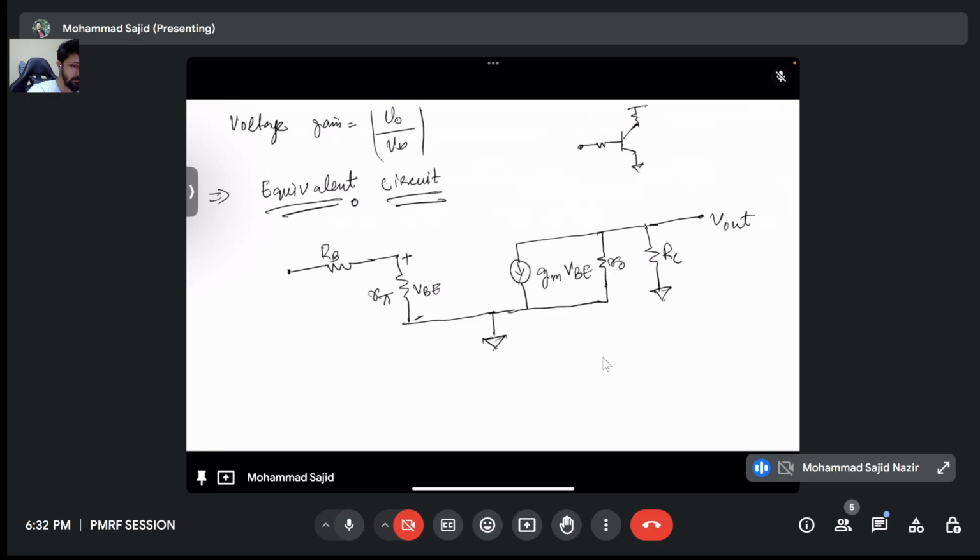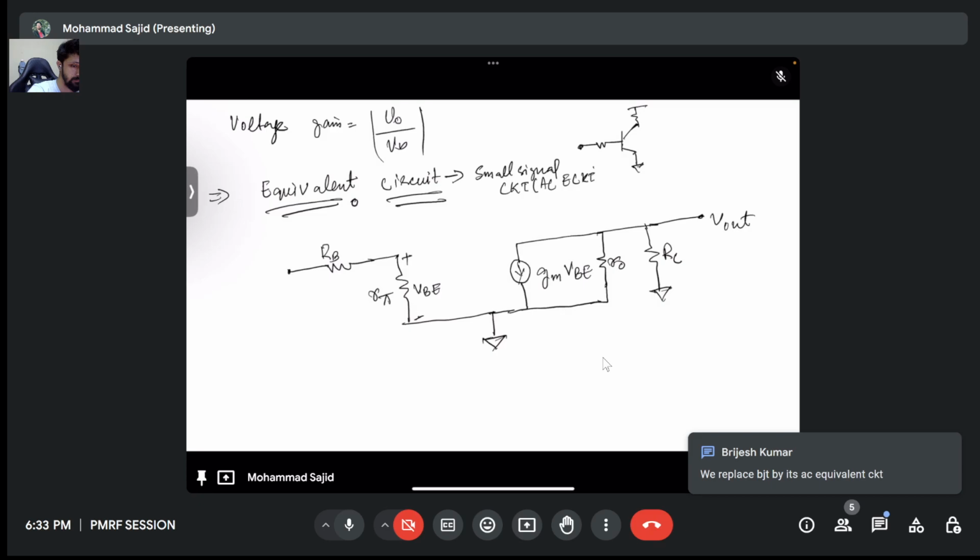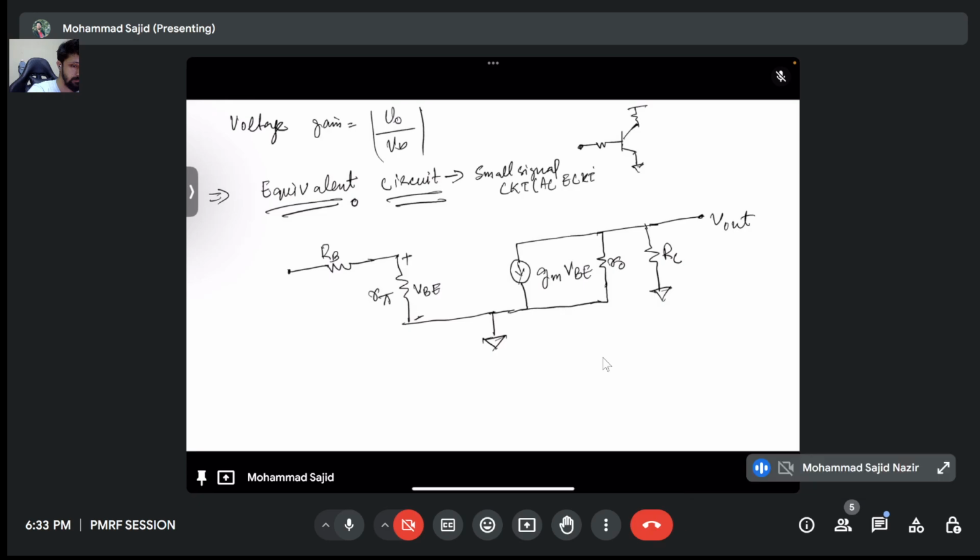What you have to do is draw the equivalent circuit, or small signal circuit, or AC equivalent circuit. What you have to do is short the DC sources. That means at the ends you have to short them with the ground and then find the equivalent circuit.